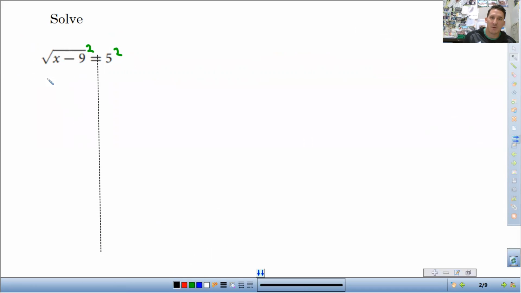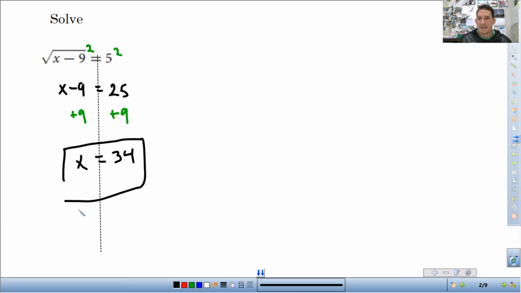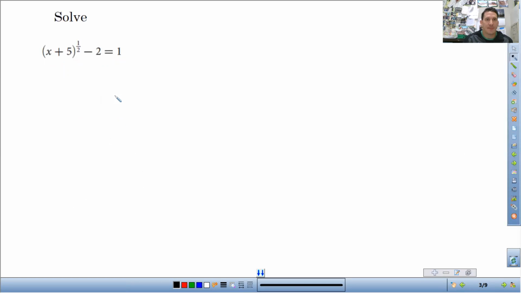The square and the square root cancel each other out. So I'm just left with x minus 9. Then 5 squared is 25. And then last step, real simple, solve, just add 9 to both sides. So I get x is equal to 34. And we are done.